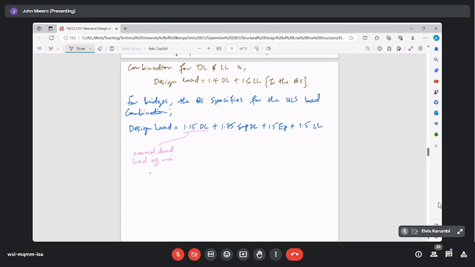A superimposed dead load includes things like road surfacing, soil above structures, etc. etc.